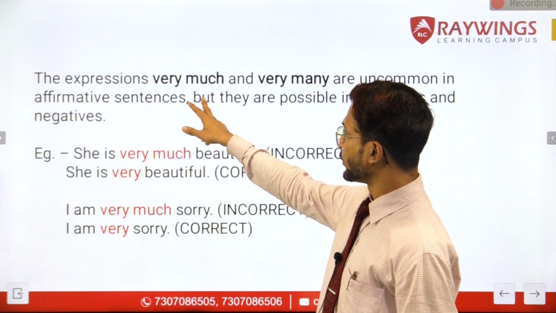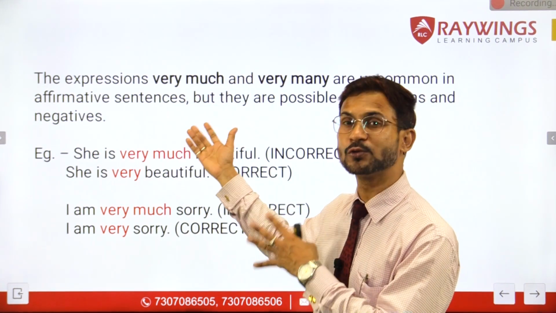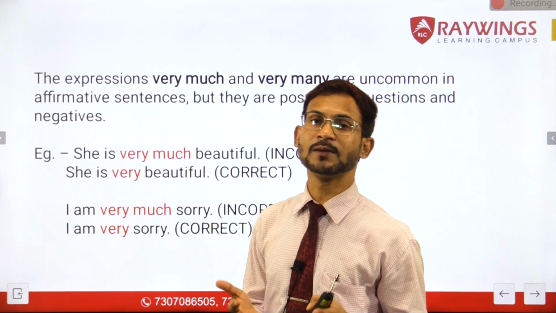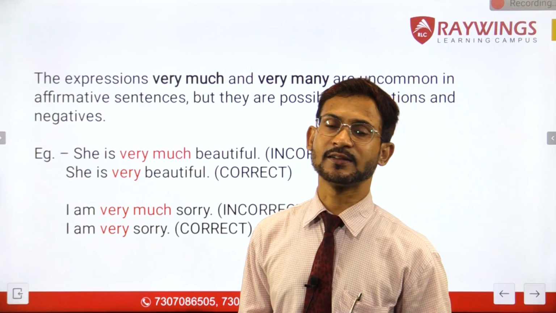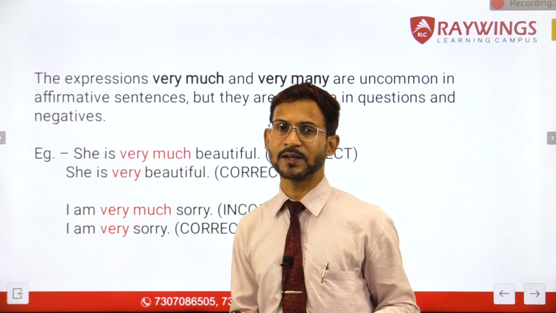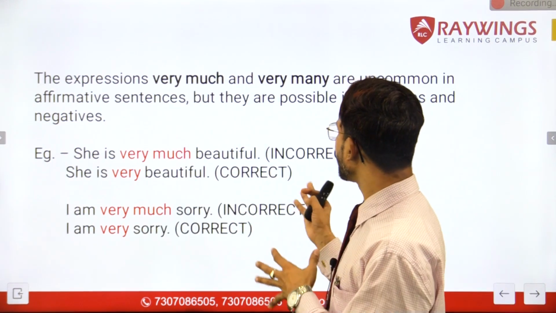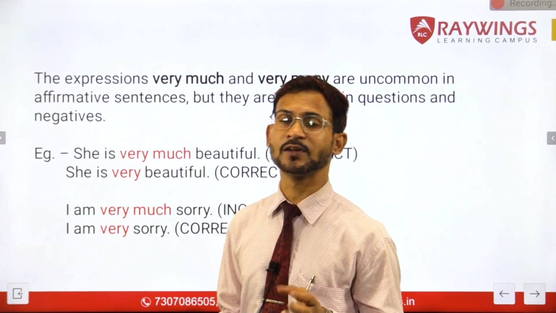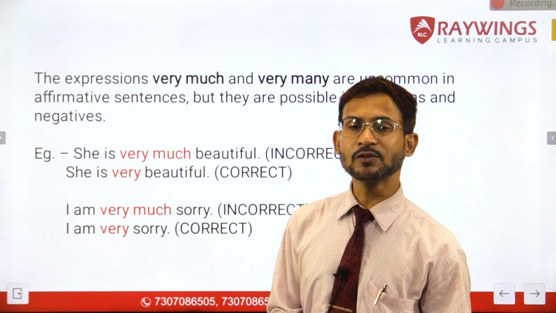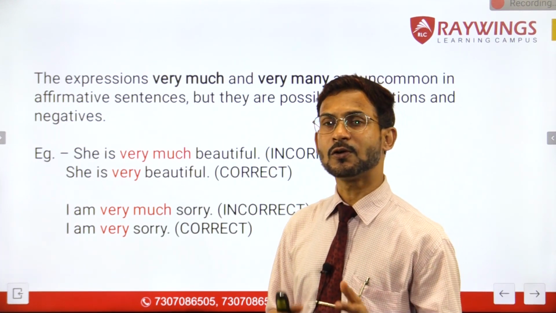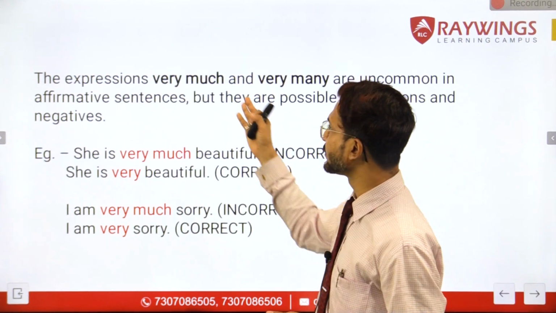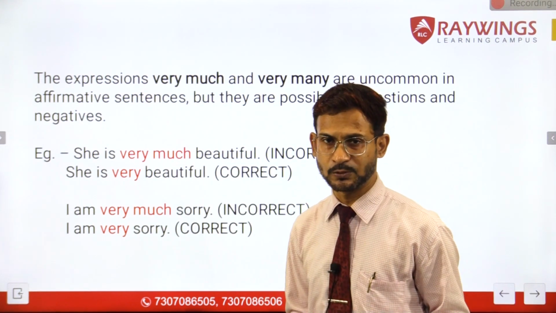So we actually try to avoid them in affirmative sentences because they are uncommon there. But they can be used in interrogative statements or negative statements, that means statements used to ask questions or convey a negative meaning.